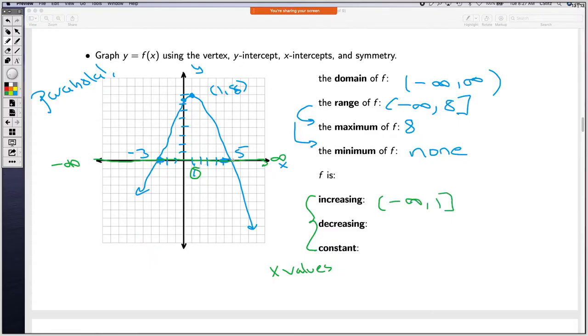And then starting at 1 to infinity, we're heading downhill, so that's decreasing. And once again, there's never any place where it's constant. There's no horizontal lines. Any questions on getting the information about the function from the graph?